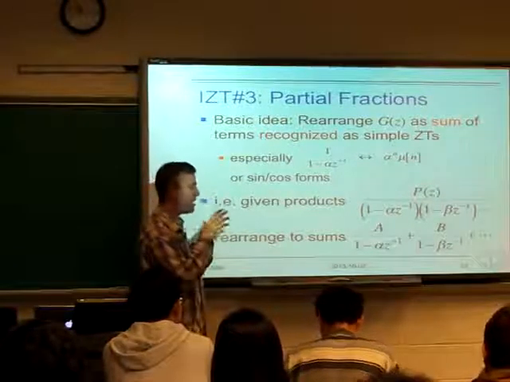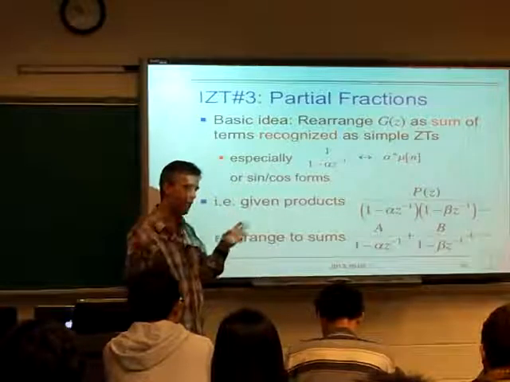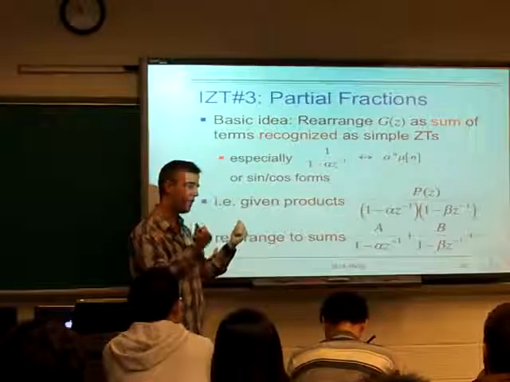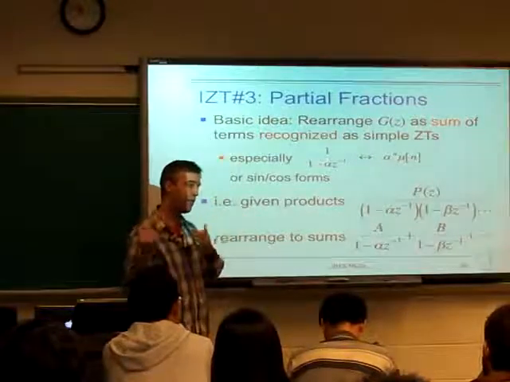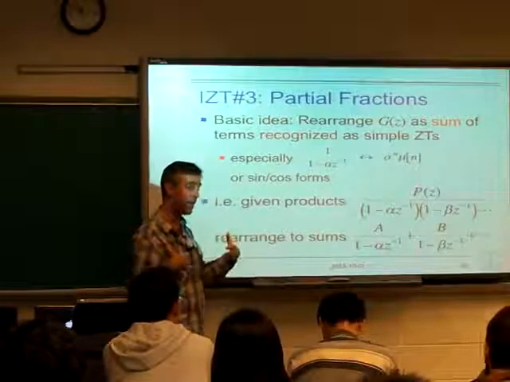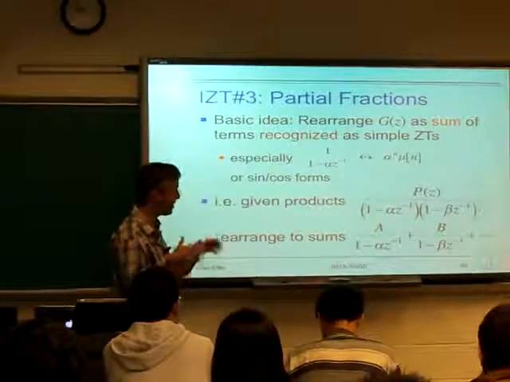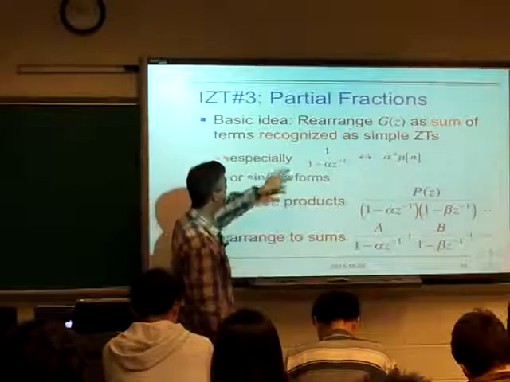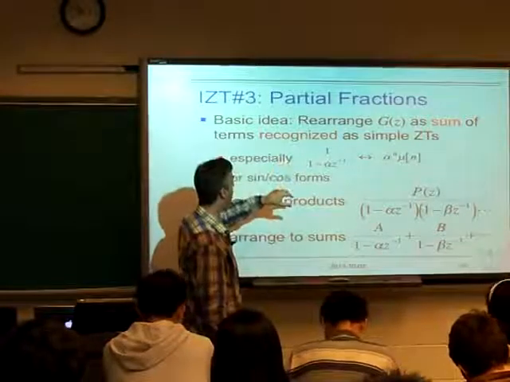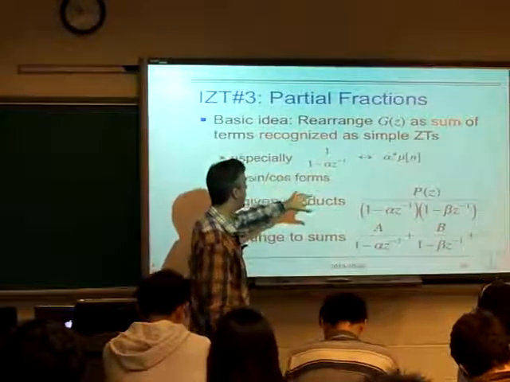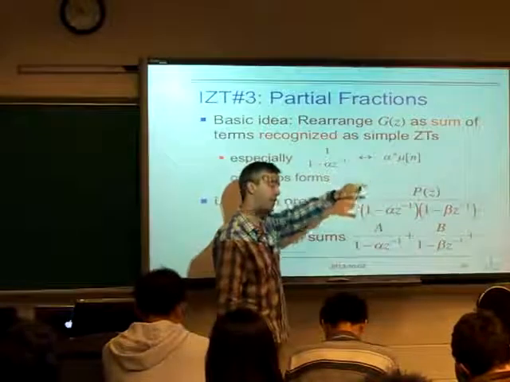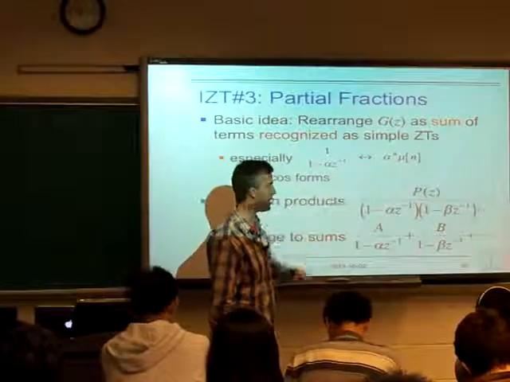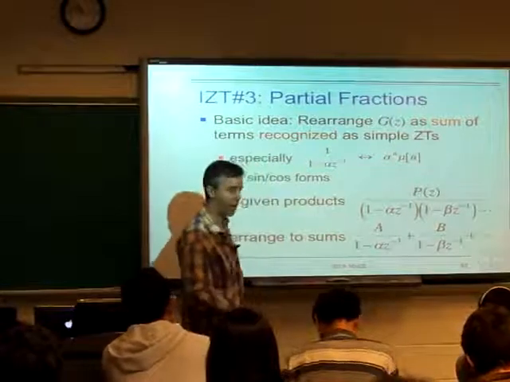But if we could see it as the sum of various components, then we know that the Z transform is linear, so if we can do the inverse Z transform of each component in a sum, we can add them together in the time domain, and we'll get the right answer. So if we can algebraically manipulate our Z transform expression into sums of various pieces that we can directly look up on our Z transform identity table, then we're done.